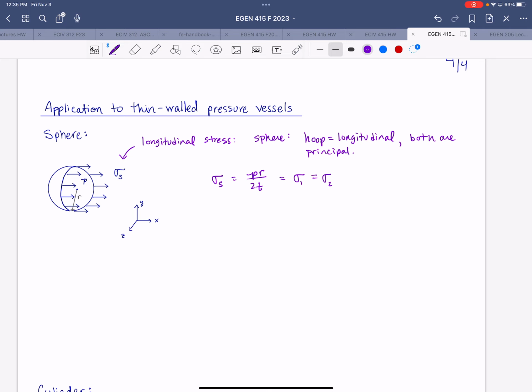Or approximately 0, right? For practical purposes, we can say sigma 3 is equal to 0. In reality, it can be a relatively very small number compared to the other two. That just accounts for the difference in the pressure on the inside and the ambient pressure on the outside.